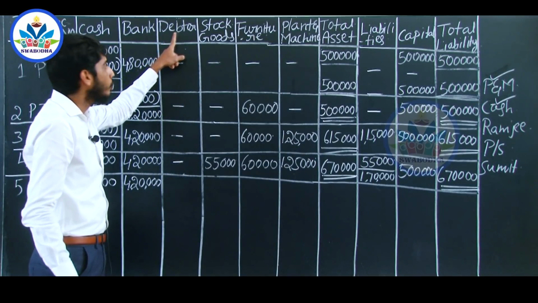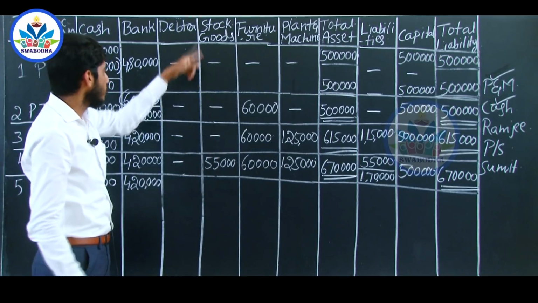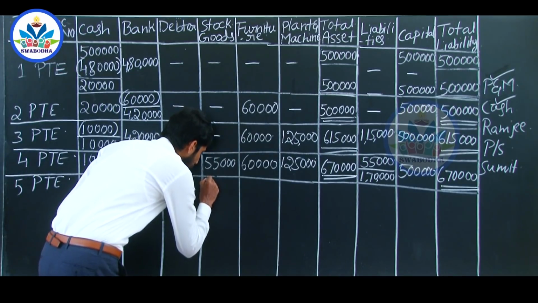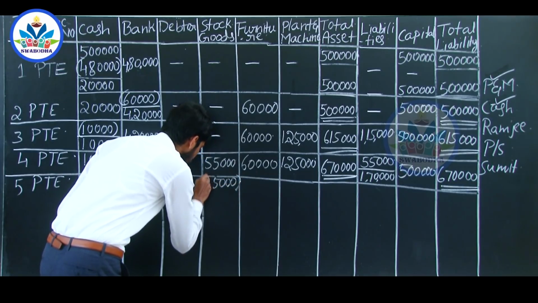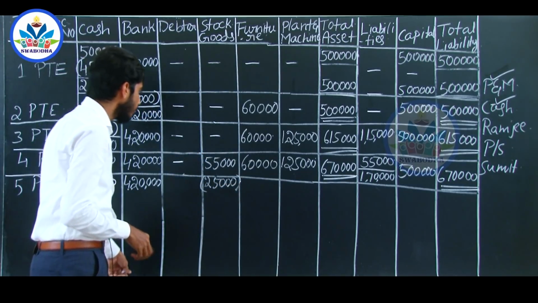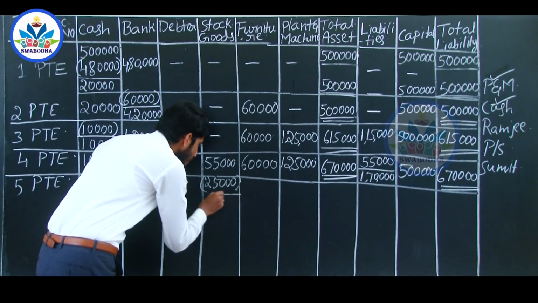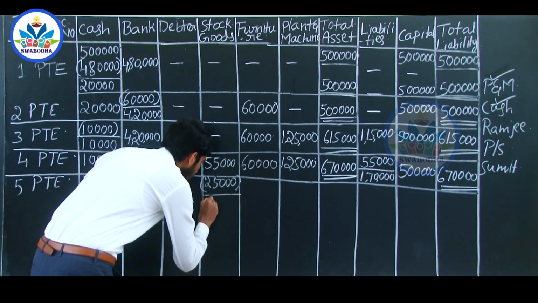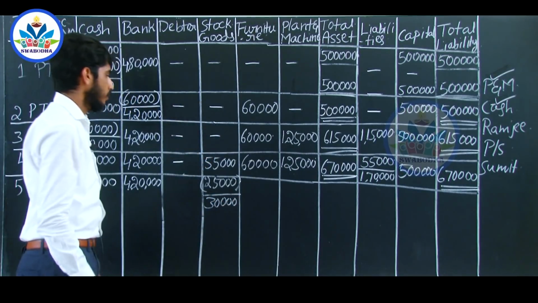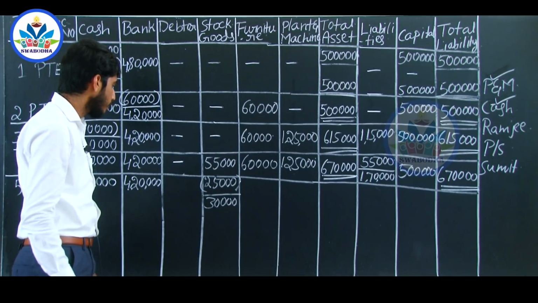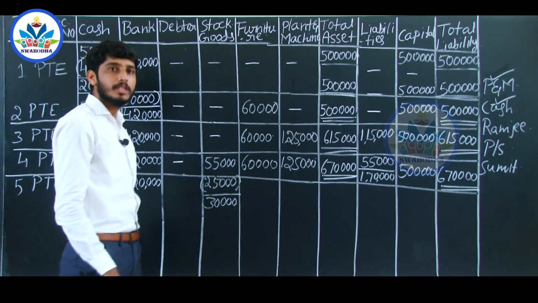Now, we have sold goods worth rupees 25,000. To that extent, goods value will decrease. So, 25,000 has to be deducted, write it in the bracket. 55,000 minus 25,000, the balance is 30,000. Balance is 30,000 and we have sold it for rupees 35,000 to Rajani Traders.